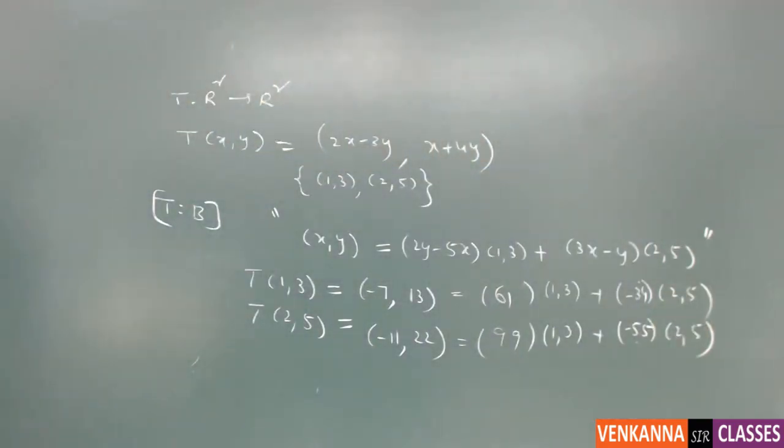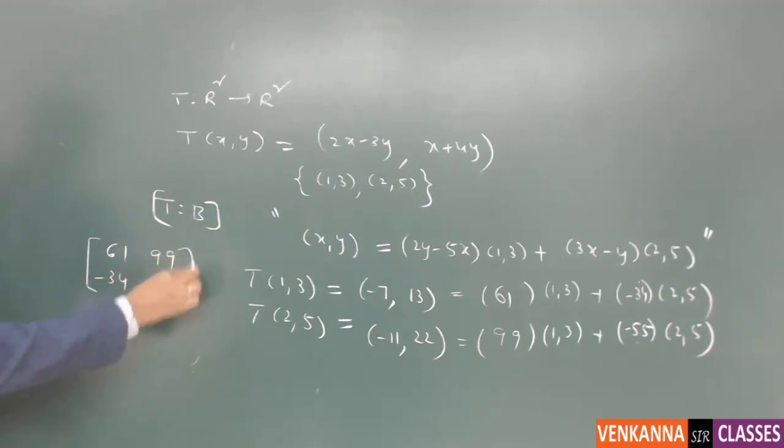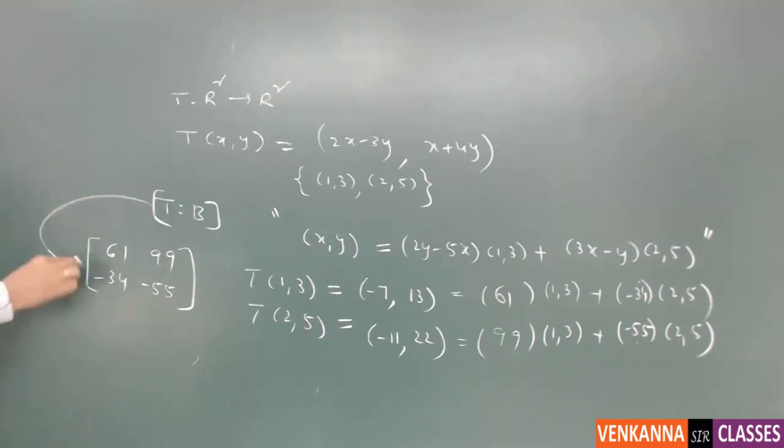So whatever scalars are obtained there, we write them as columns of the matrix. So this is the required matrix of T at B. Now you can understand the difference between when different bases are given and same bases are given. Is it clear to you now?